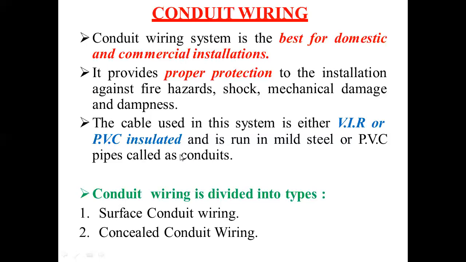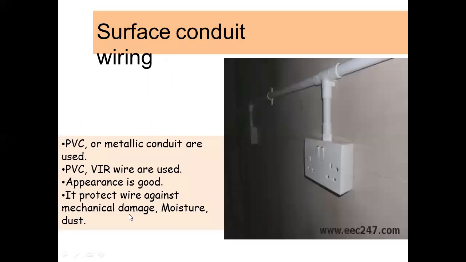Again, we have two types under the conduit, that is the surface conduit and the concealed conduit. Surface conduit wiring means the conduit pipes will be used. Here I will show an example. This is the image of the surface conduit. This is the pipe. The conduit means it's a pipe, a round shaped pipe which is used above the wall, and then the wiring.